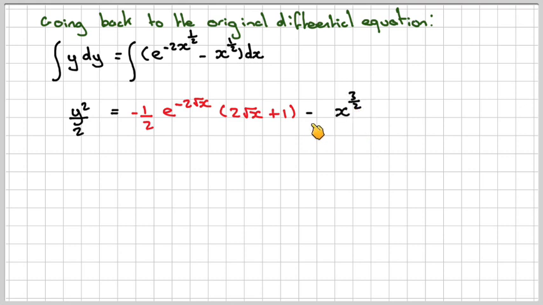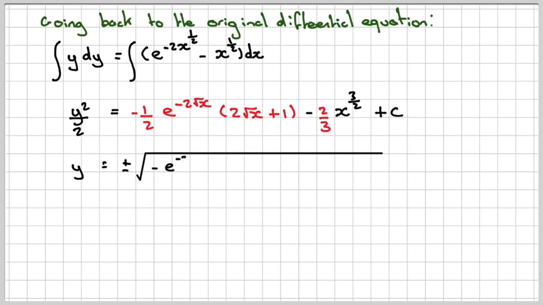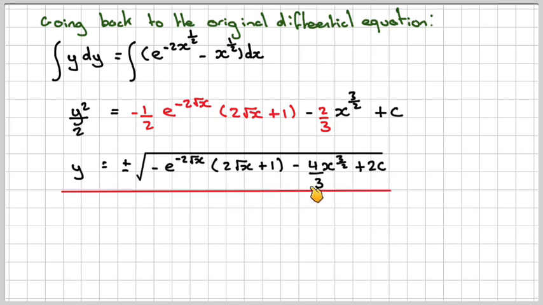And we will have to divide by 3 over 2, which is the same as multiplying by 2 over 3. And we'll add in the constant. We only need one constant. Right, multiplying by 2 and taking the square root will give me this. So plus or minus the square root of minus e to the 2 root x times 2 root x plus 1 minus 4 over 3 x to the 3 over 2 plus 2c is the final solution.